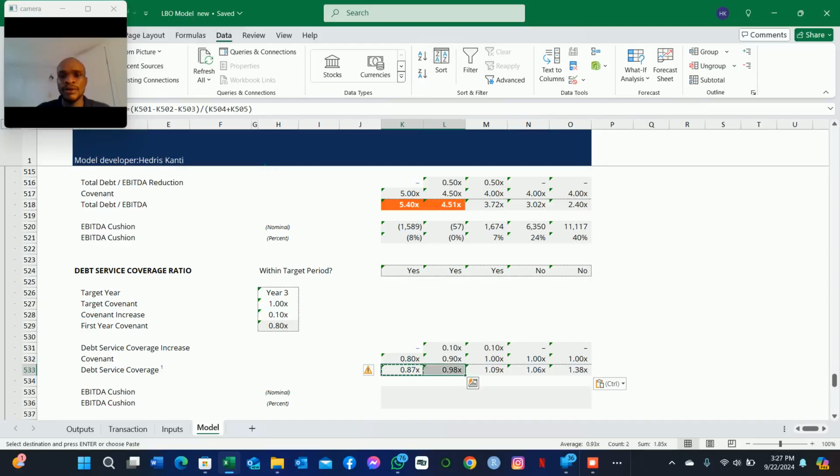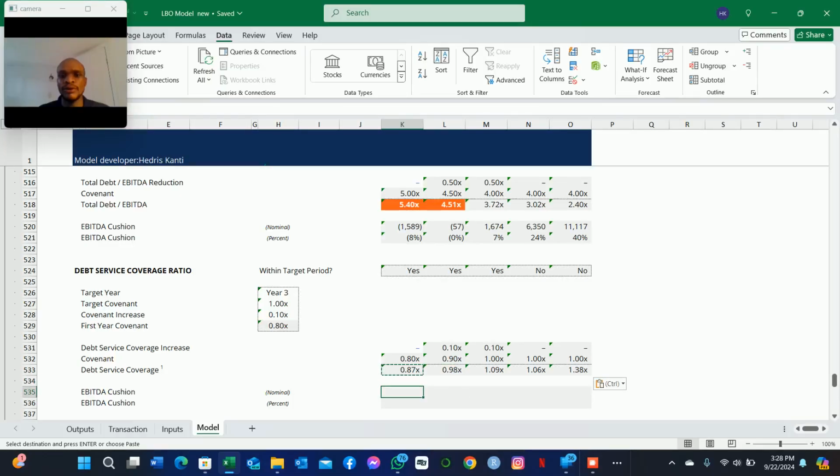But the first 2 years they are unable to meet up with the covenant. That's very important in our modeling. That is why management needs to stand up at some point in the second year to address whether this company is not able to meet up with its covenant.